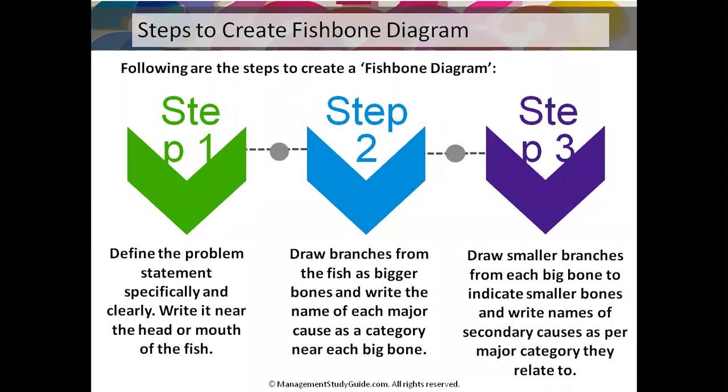Steps to create a fishbone diagram. Step 1, define the problem statement specifically and clearly. Write it near the head or mouth of the fish. Number 2, draw branches from the fish as bigger bones and then write the name of each major cause as a category near each big bone. Then step 3, draw smaller branches from each big bone to indicate smaller bones, and then write names of secondary causes as per major category they relate to.